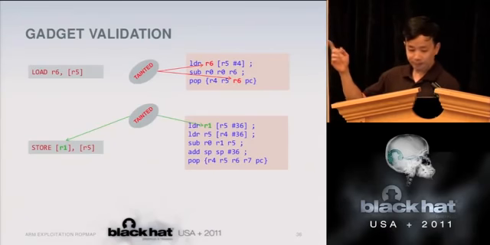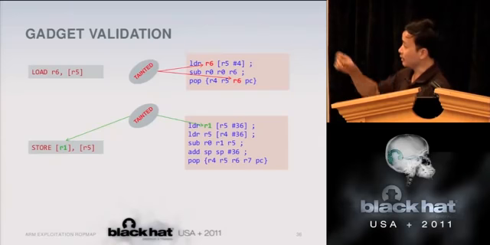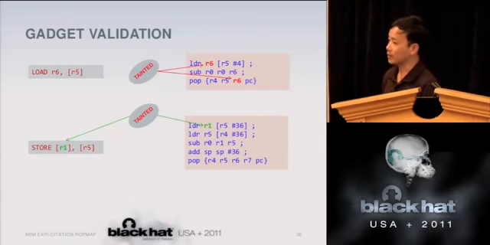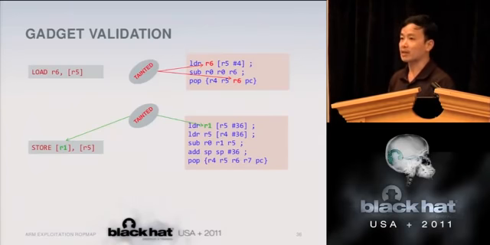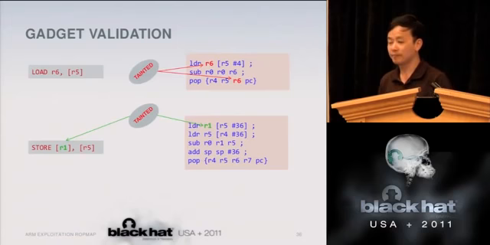But here, we can see in the first chain, the last instruction pops R6 from the stack, so it changes our intended value. So it cannot be used. It's invalid.